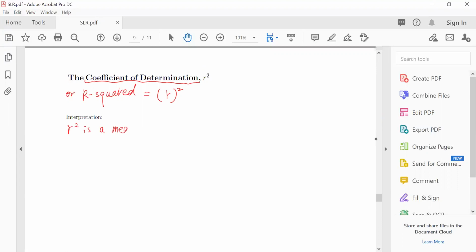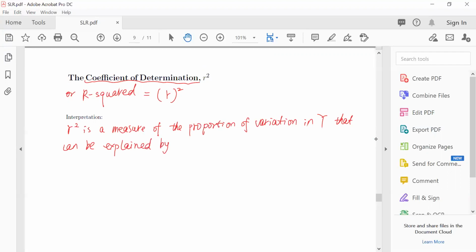A measure of the proportion of variation in y that can be explained by the linear equation of x. So what does that mean?